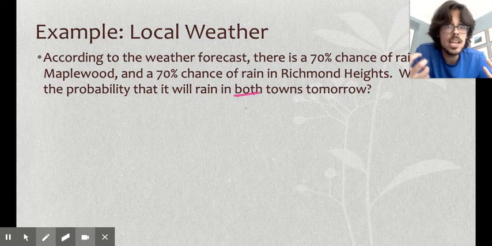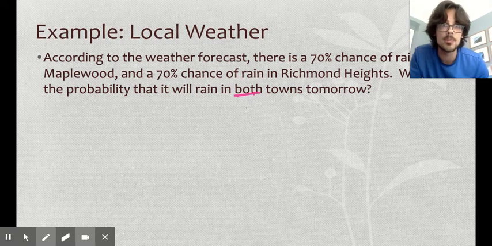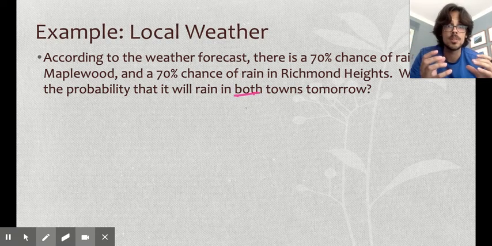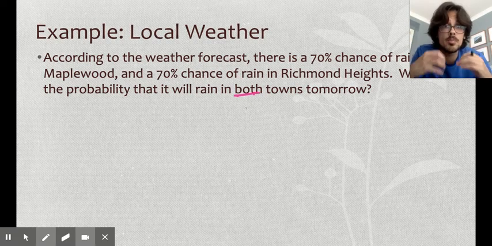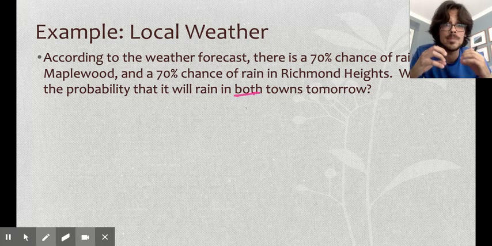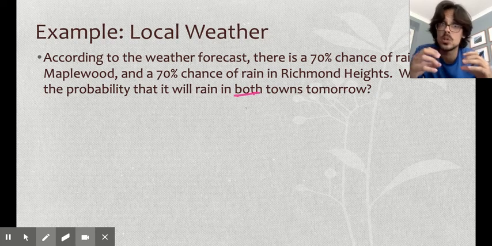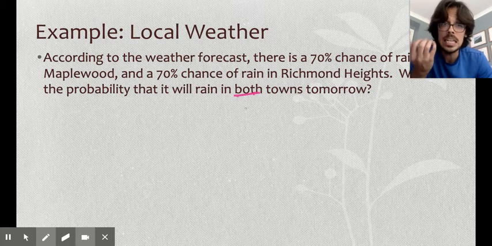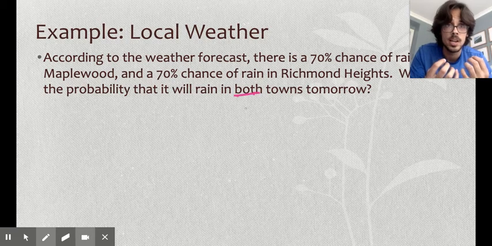If you see and, you would be like, oh, you multiply the probabilities, 0.7 times 0.7. But if you multiply them straight up, that is assuming that one event is independent of the other. That's not true. If it's raining in Maplewood, it is almost certainly raining in Richmond Heights as well.